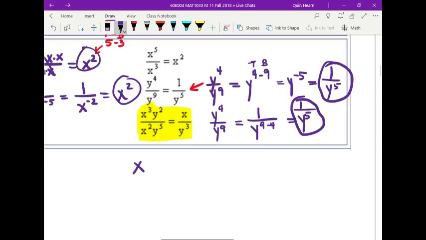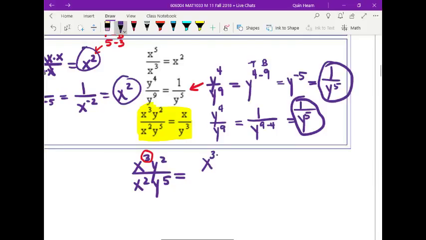All right, so we have x cubed y squared over x squared y to the fifth. For the x, since the bigger exponent is in the top, I'm going to do top minus bottom and leave the x in the top.